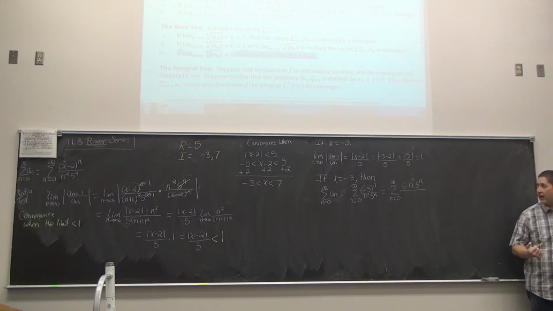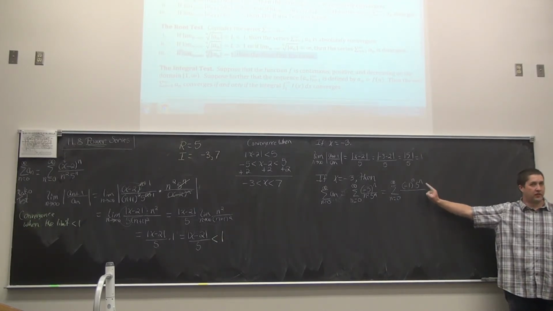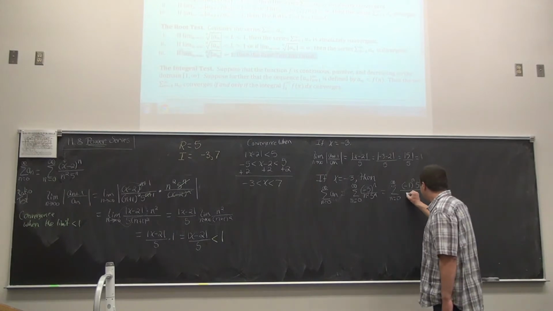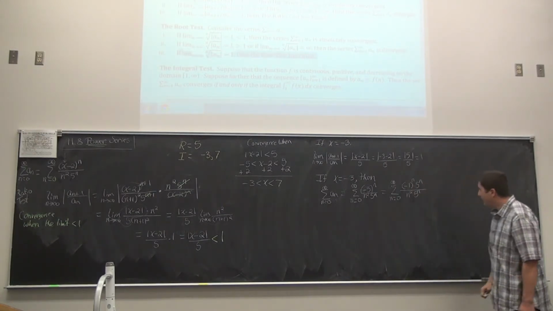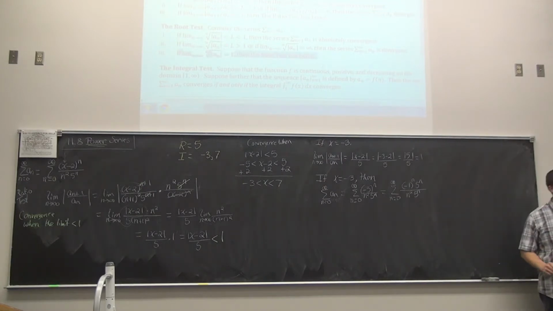That is still divided by n squared times 5 to the power of n. So there it is so far. If x takes the value of -3, this would be exactly what our power series would look like. Any questions about that so far?